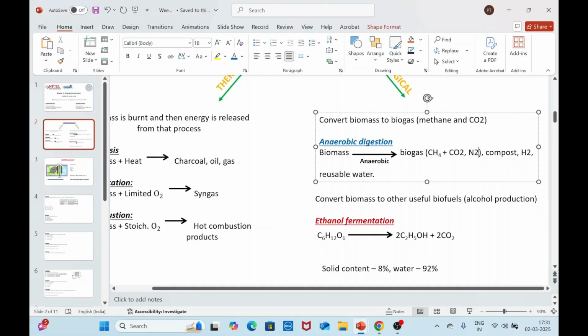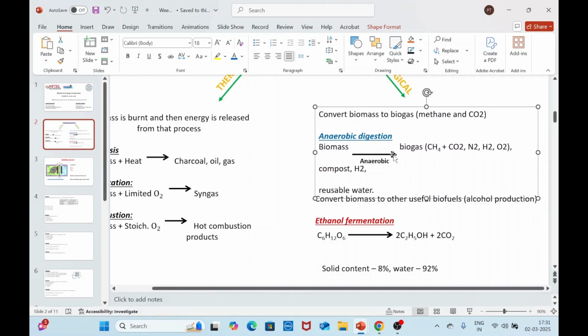One is nitrogen gas, hydrogen gas is also going to be produced, oxygen, and sometimes hydrogen sulfide. However, these components, that is nitrogen, hydrogen, oxygen, as well as hydrogen sulfide, H2S, are going to be present as minor components.